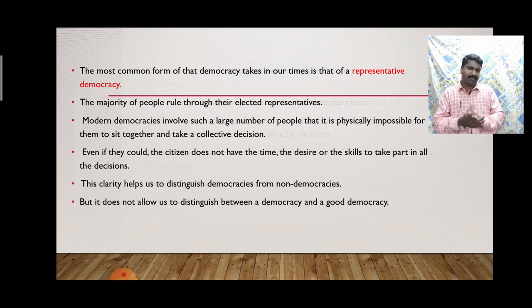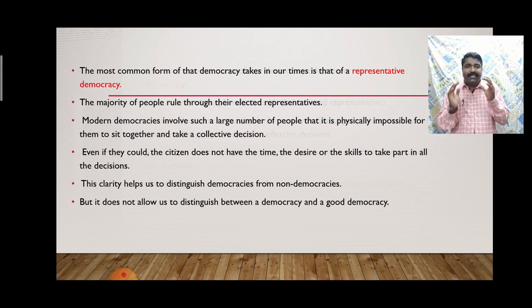Therefore, it is difficult. Even if they could, the citizens do not have the time, the desire or the skills to take part in all the decisions. Then we have to go for representative democracy. Why representative democracy? Because of the large population, and time is another problem, desire is another problem, and skill is another problem.